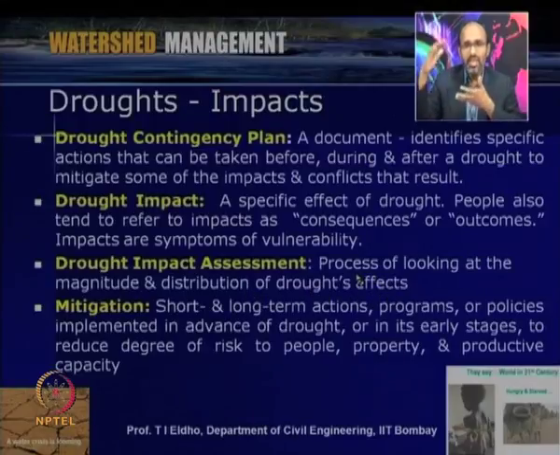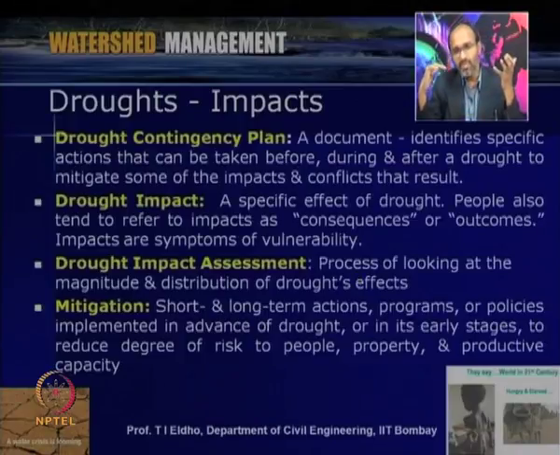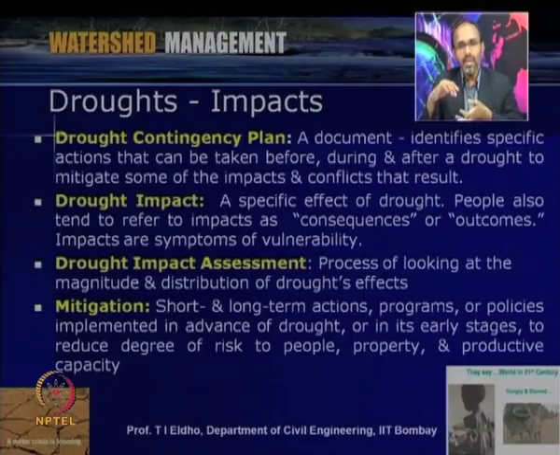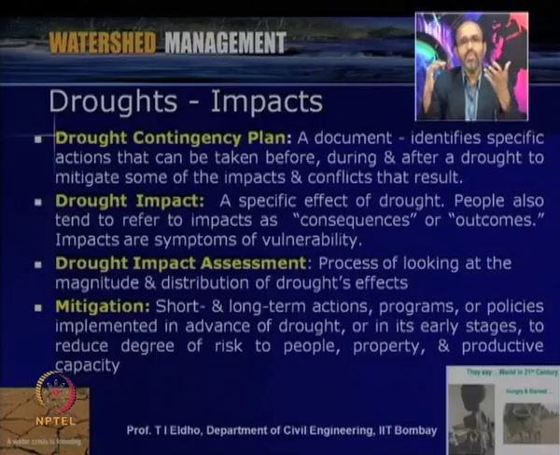So, how much intensity, how much is the magnitude when we look into the drought, and then what will be the effects of that magnitude, whether it is a very strong type of drought or a moderate one. Accordingly, the impacts and then its effects can also be analyzed.